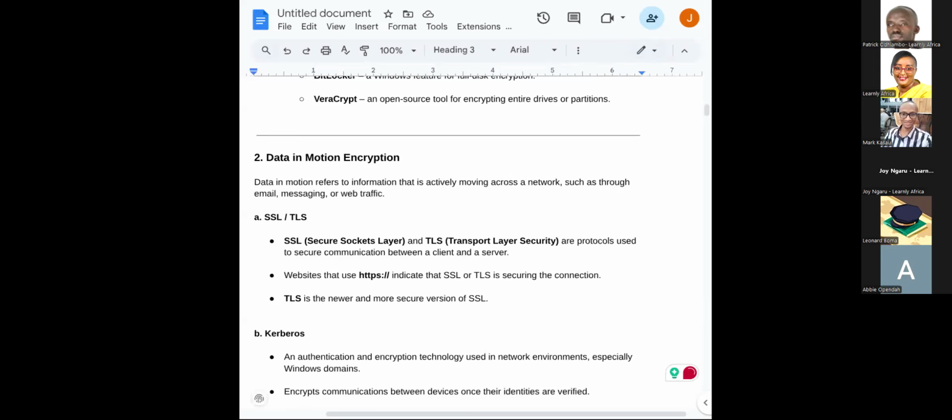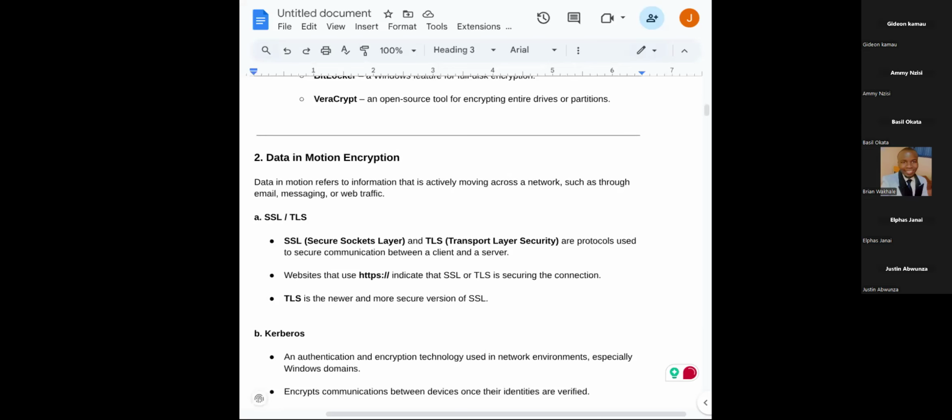It has a security certification with it, and if a website has one, it comes with an S after the HTTP. So SSL is Secure Sockets Layer, and TLS is Transport Layer Security. These are protocols used to secure communication between a client and a server.